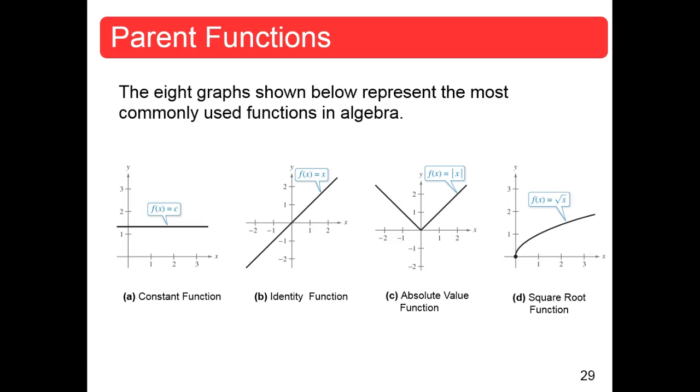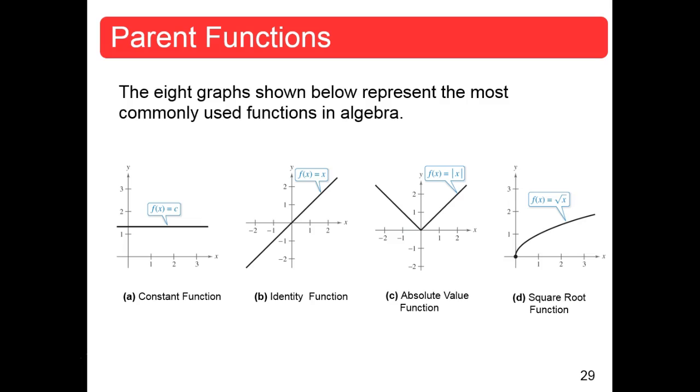This is the absolute value function. The absolute value function is always these V-shaped looking things. Depending on your signs, they could be offset or upside down, but they always look like a V. For the parent function, wherever x is, f of x is the positive value of that.